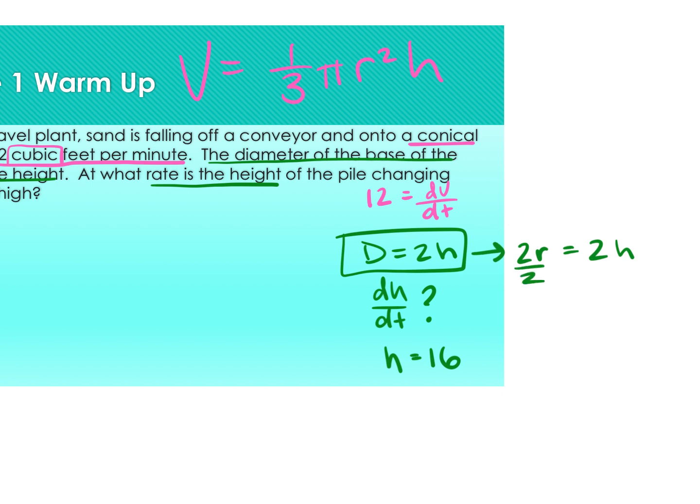So we divide by 2. What does r equal? H. So I'm just going to plug h into r. My new volume equation is going to be 1/3 pi h squared times h. What's h squared times h? H cubed.